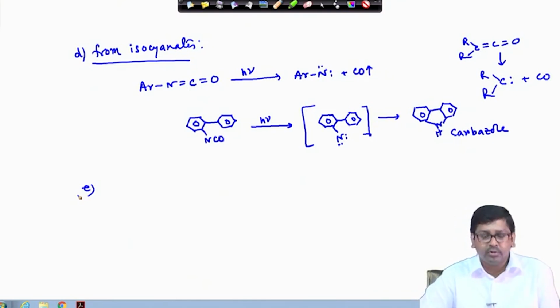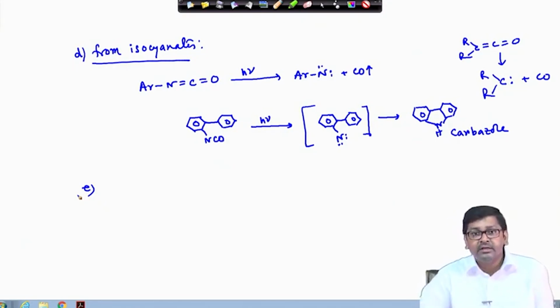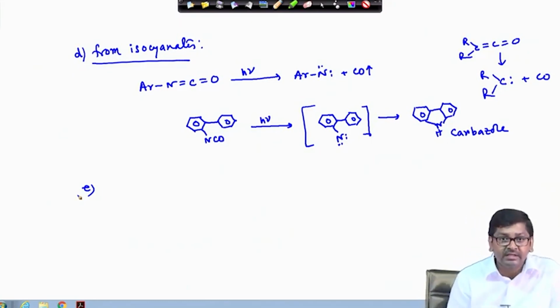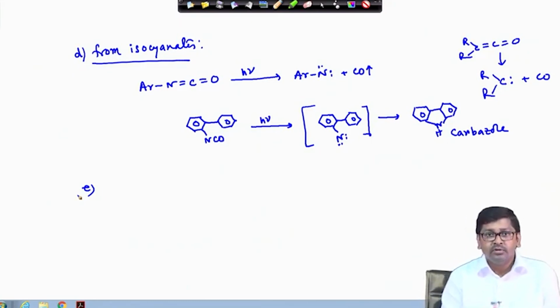So, there are some potential limitations for these azides. In that case, various techniques to generate nitrenes have evolved because of these problems with the azide compounds and their fast decomposition.